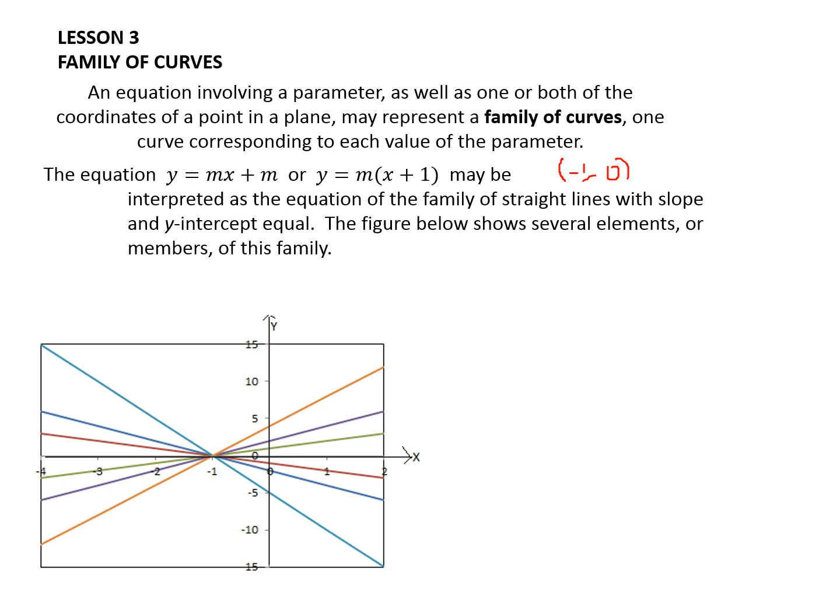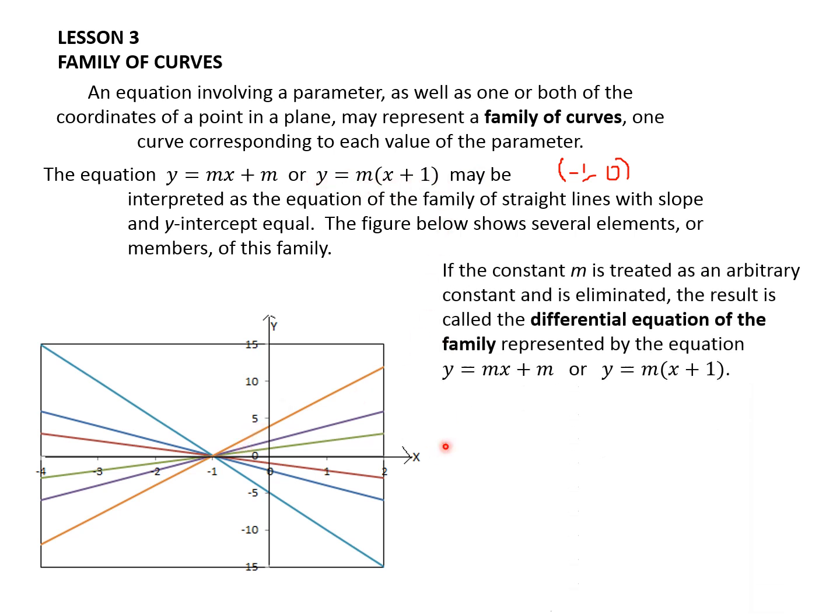Now you notice that this is the family of straight lines whose slope and y-intercept are equal. All these lines pass through negative 1, 0, as is evident from this equation.